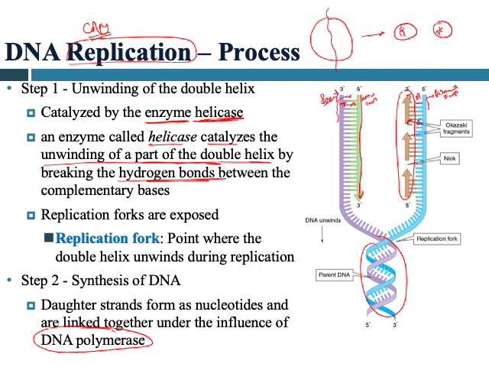So once the DNA replication is complete, you will see 4 DNA chains: 1, 2, 3, 4, right? And then you will get 2 copies of DNA. This is 1 copy, this is the second copy, right?